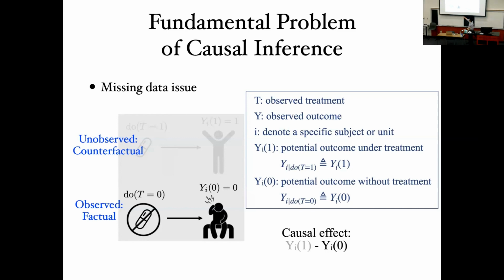If you observe one of them, the other must be unobserved, which is counterfactual, because you cannot see it in this actual world. And the causal effect, a very simple way to put it, is to use the difference. For the I subject, I would like to see the difference in the value of Y because of the different values of the treatment. This is one way to see how effective, say, vaccination is for the I subject.